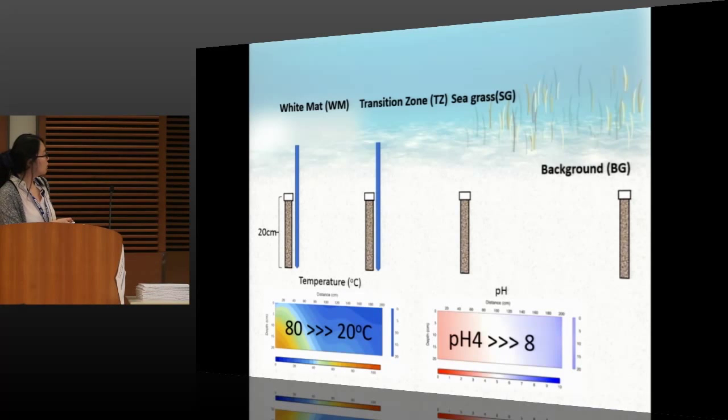This is a transect of the sampling site. This part is closest to the vent source, so the temperature is around 80 degrees Celsius and decreases to 20 degrees Celsius over a scale of 20 centimeters by 2 meters, and the pH increases from 4 to 8.